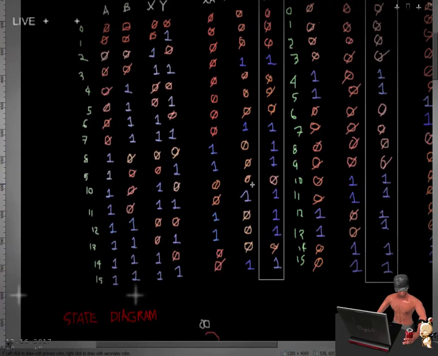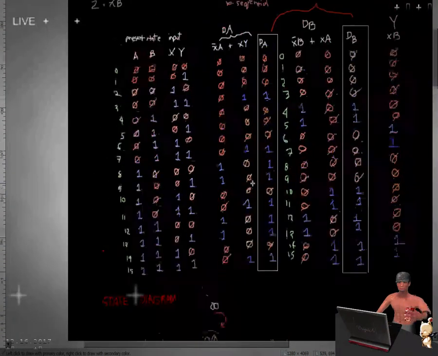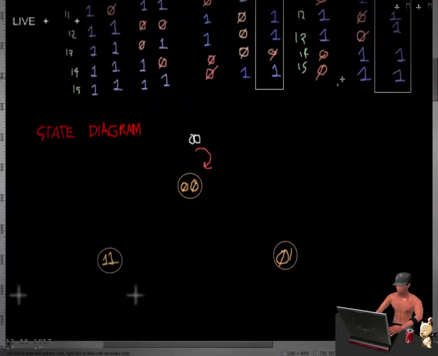I'm just doing the first step, 0, 0. The output Z is 0. Let's do the output as pink. So that's the input. When you have an input, you get 0, and it goes back to that state. Cool beans.